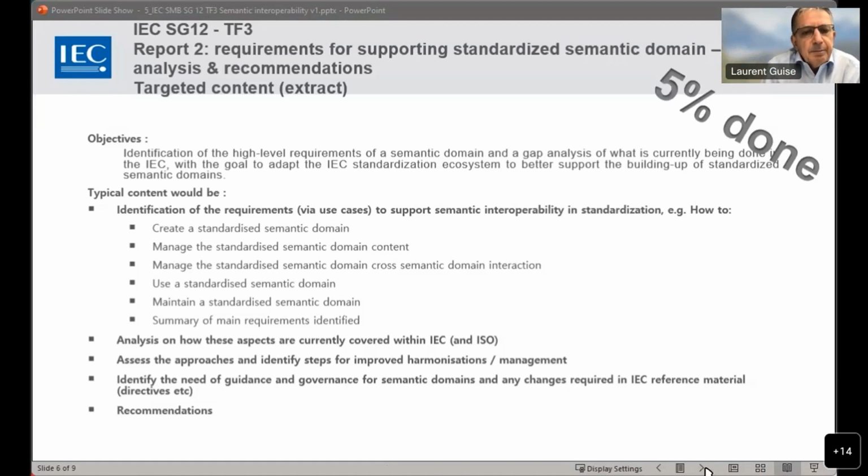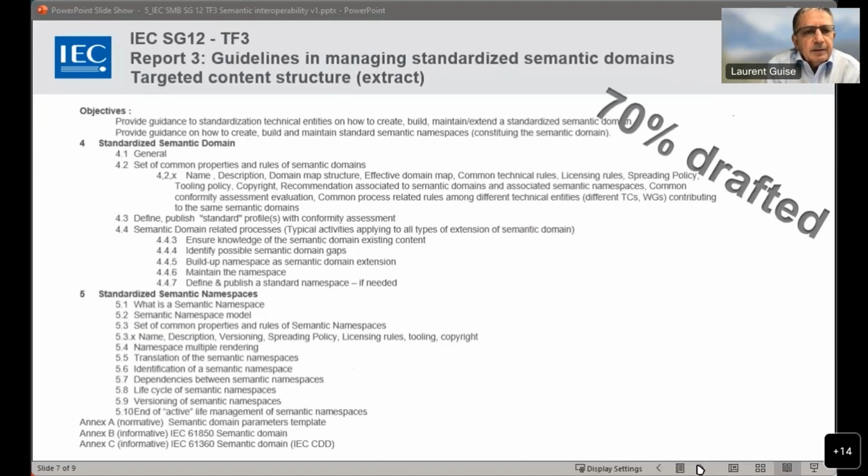And among the improvements which we already believe are absolutely necessary, this is the purpose of report 3. The report 3, next slide, is about providing already guidance, I would say, to non-digital experts on how to manage a standardized semantic domain.